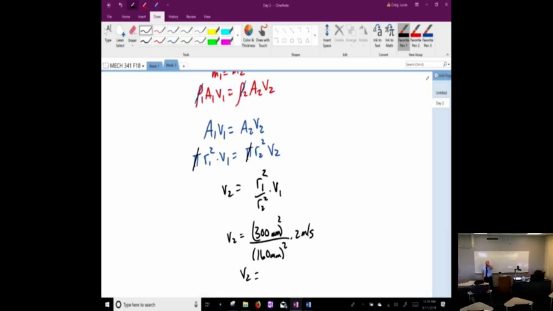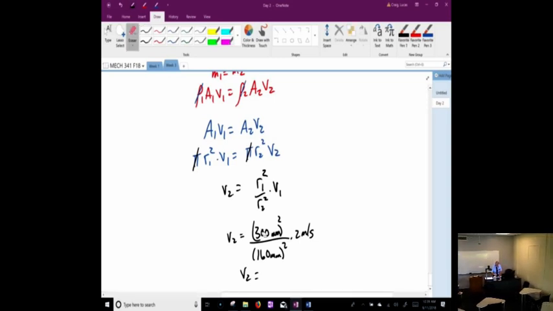Should we divide it in millimeters? Don't need to, because they're going to cancel anyways. Yes and no. Should be what, 150? You're going to get the same number, it doesn't matter, but R1 was 150 and then 80. Yeah, do that.